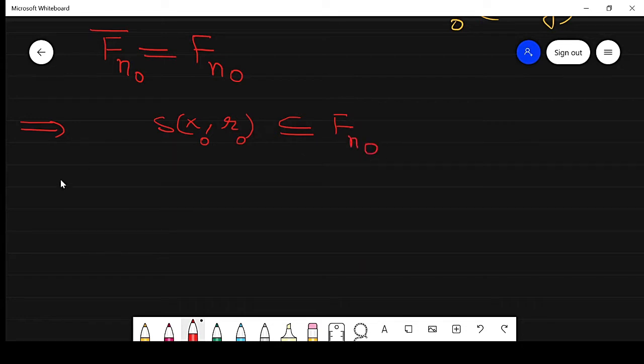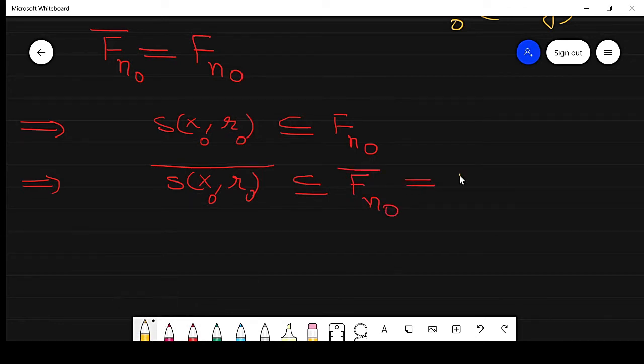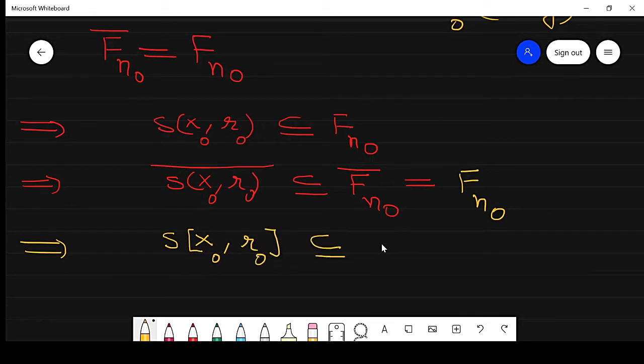It implies its closure, S(x0, r0) closure, is a part of the closure of Fn0. Since it is a closed set, this becomes Fn0. So the closed ball of x0, r0 is a part of Fn0. So remember this.